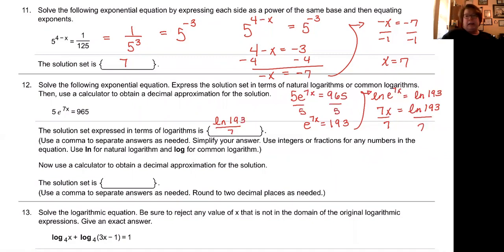So I'm going to take my calculator out and find the natural log of 193, get that value and divide it by 7. And when I do that, I got 0.7518, and it tells me to round to 2 decimal places. So I'm going to look 1 decimal place to the right of the 5, that's a 1. So I don't round up, I'm just going to write that as 0.75.